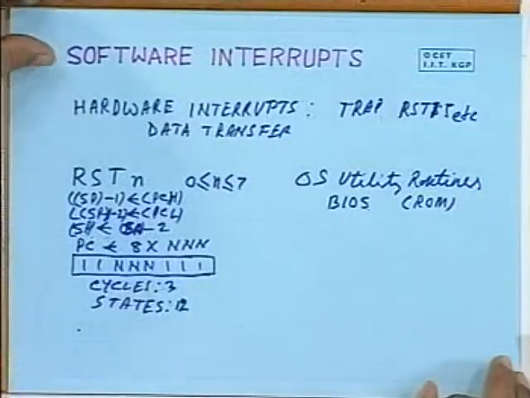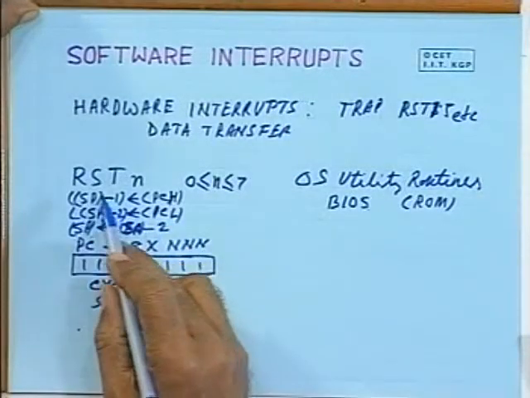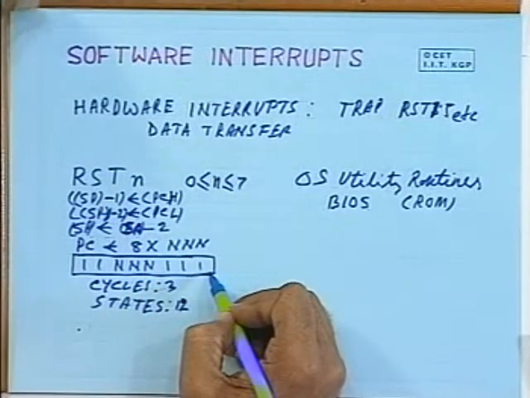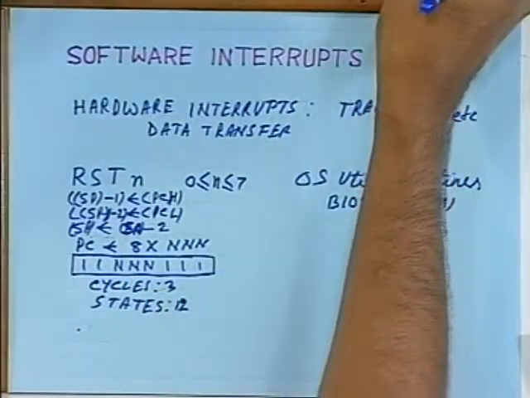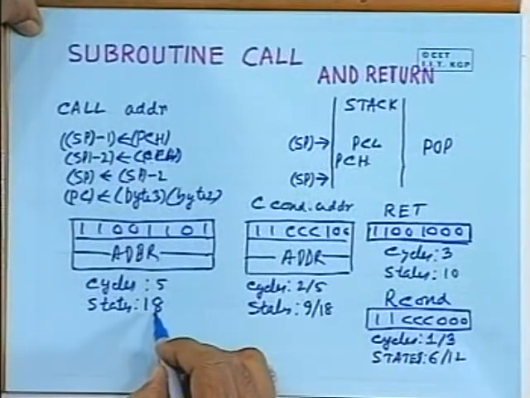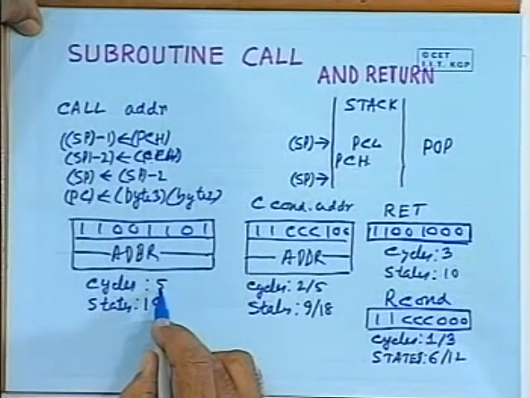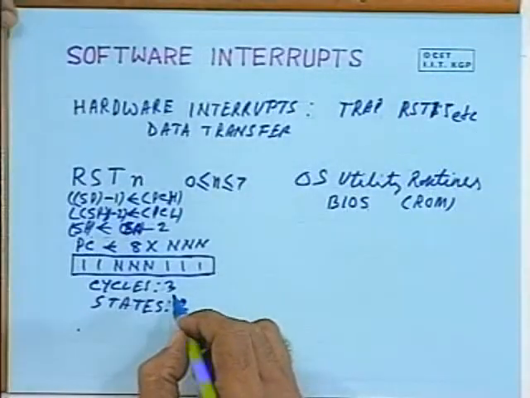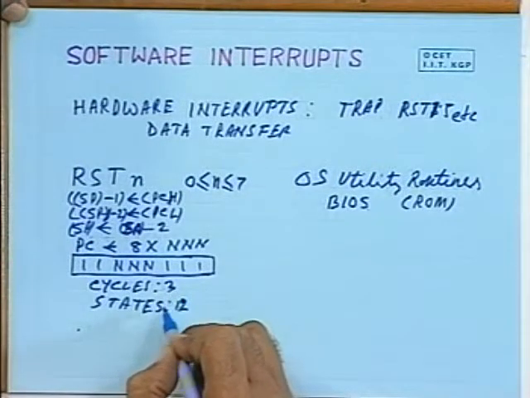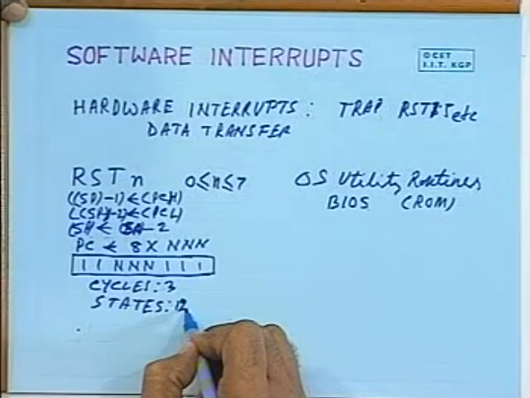The reason is that these software interrupts are faster than subroutine calls. The subroutine calls, we have seen, require quite a long time. As you have seen, you require 18 clock cycles or 5 machine cycles. On the other hand, the software interrupts require 3 machine cycles instead of 5. Number of states is 12 instead of 18.